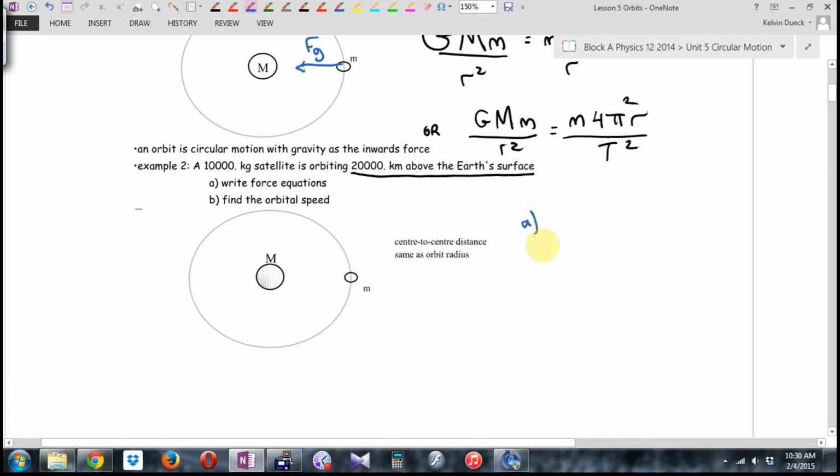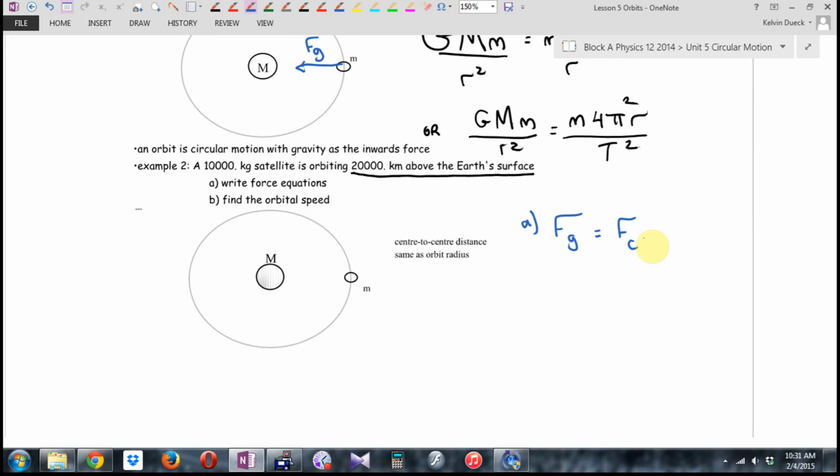Logan, if it tells you you're in orbit and it starts talking about force, you can say gravity is pulling me in a circle. There's my answer to A. Now I'm going to break those equations down. What's B asking me to find, Jake? Speed or period? Speed. I'll use the centripetal one that has the speed in it.